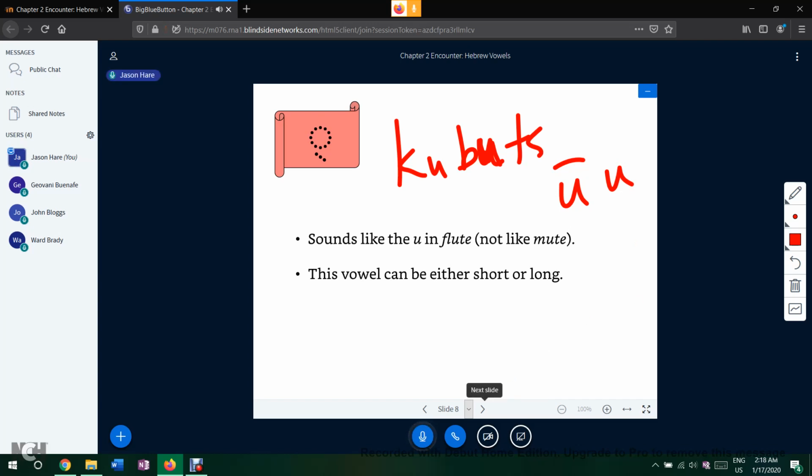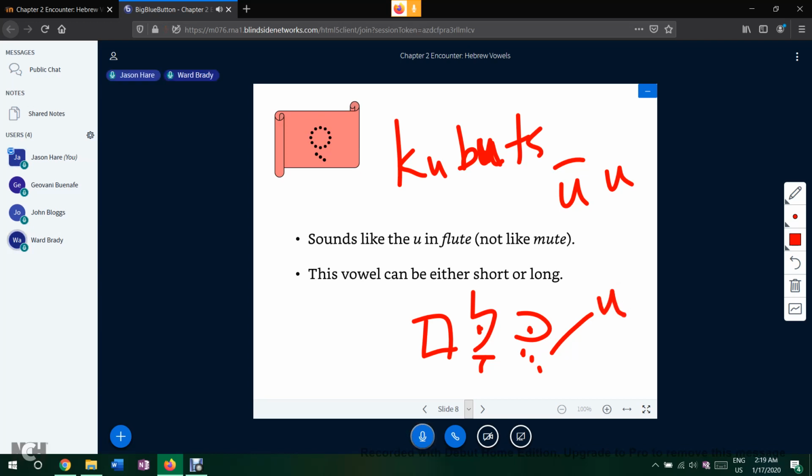That's easy enough, right? Let's write this word. Okay, this is kulam. This is U.